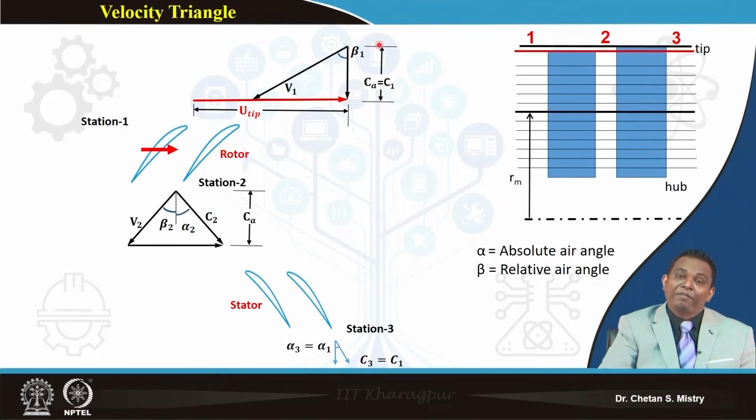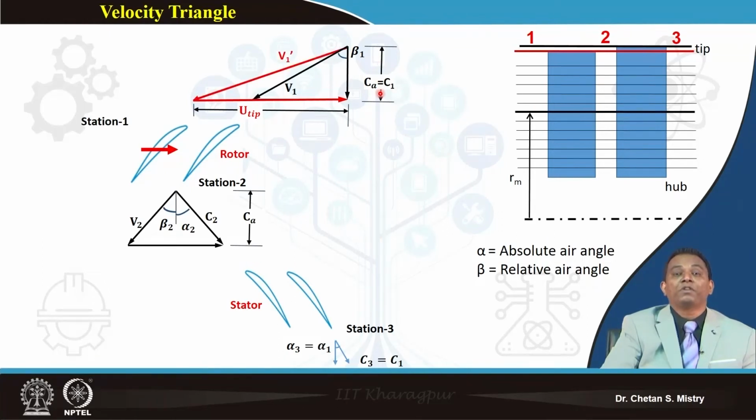If I consider my flow is entering axially only, this is my axial component. If we connect this, that represents my relative velocity component. And you can see my angle at the entry of my rotor is coming to be larger compared to what we have seen at the mid section.